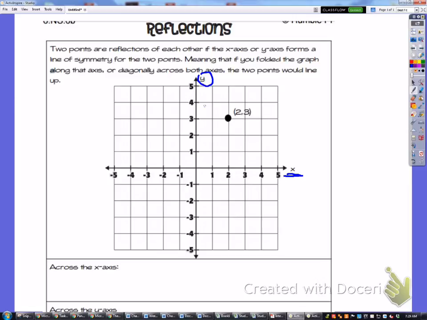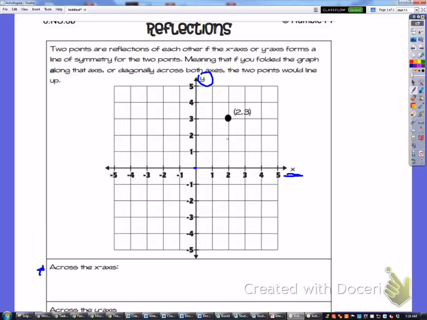So yes, if you fold the coordinate grid in half, if you fold the paper on the axis, the reflection will land in the same spot. So if we're reflecting, the first thing in your note says to reflect it over the x-axis. This point here is (2, 3), which means we start at the origin. We go over 2 and up 3, and we're going to reflect it over the x-axis.